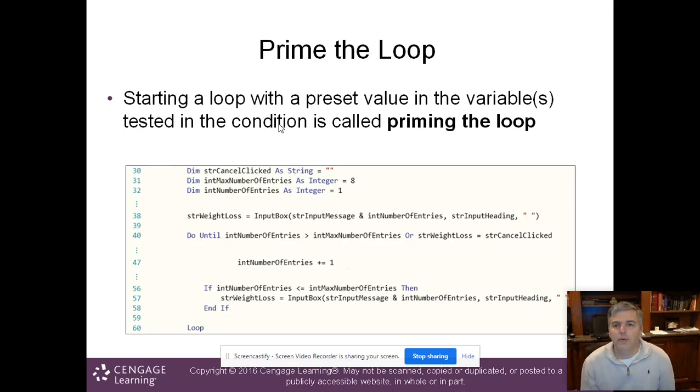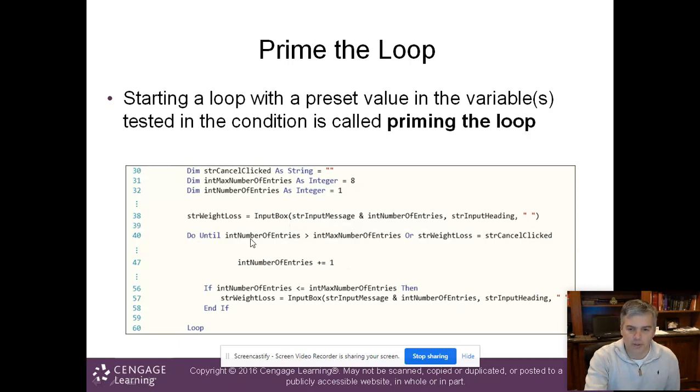Starting a loop with a preset value in the variable testing the condition is called priming the loop. In this example, we're starting with our string canceled click as nothing, max number of entries is 8, and int number of entries is 1. So we're capturing our first weight loss value. This is an example of the code from the chapter walkthrough.